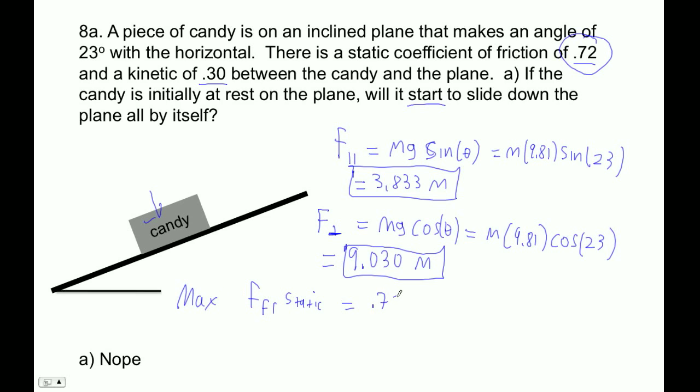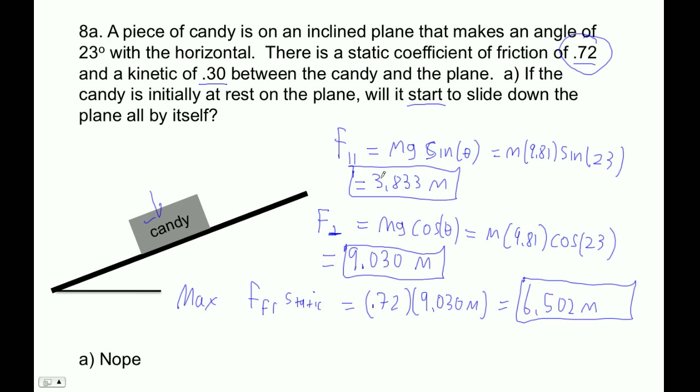It will be 0.72 times 9.030 m. Okay, times 0.72 is 6.502. Okay, that's the maximum static friction.